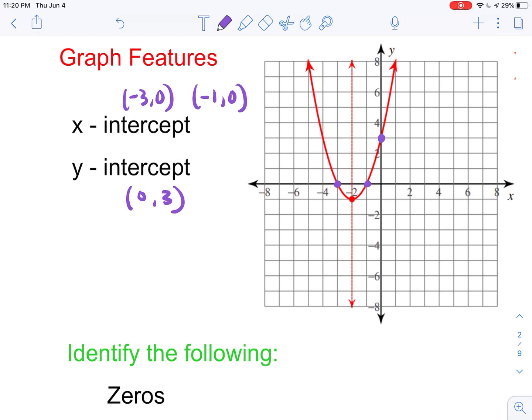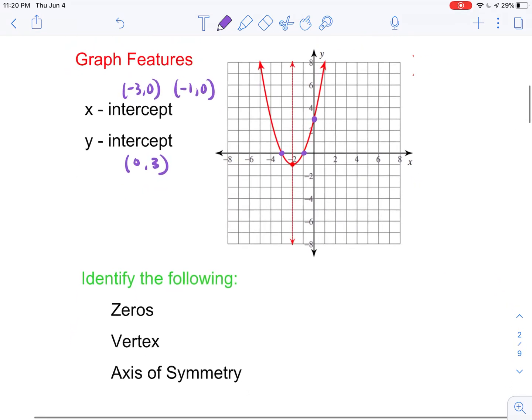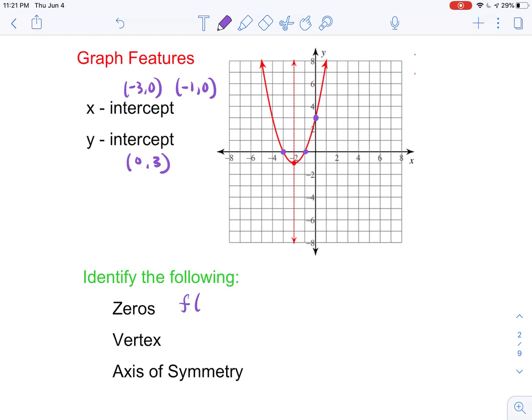All right, so we can find these pieces of information for all different types of graphs. But what's specific to our quadratic, at least the way we're going to be looking at, are the zeros, the vertex, and the axis of symmetry. Okay, what do we remember about zeros? Well, zeros are the place where our function value is equal to 0.